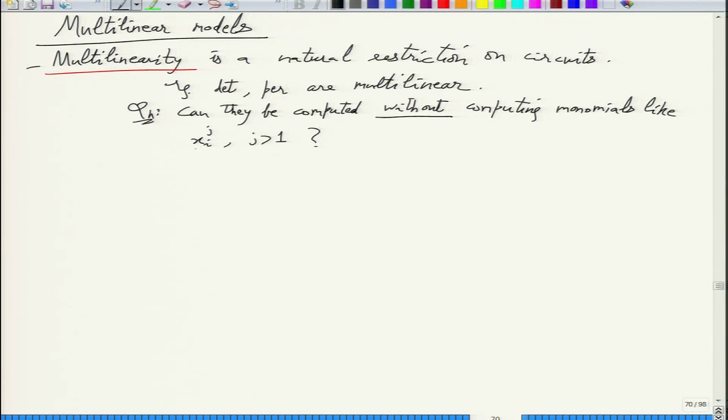Right? So can we do without this xi square, xi cube? Because ultimately you have a feeling that these things will anyways get cancelled, right? So how can their incorporation in the circuit help in computing determinant? So is this intuition correct? What do you think about this simple-minded intuition? Can squareful monomials help you in computation?